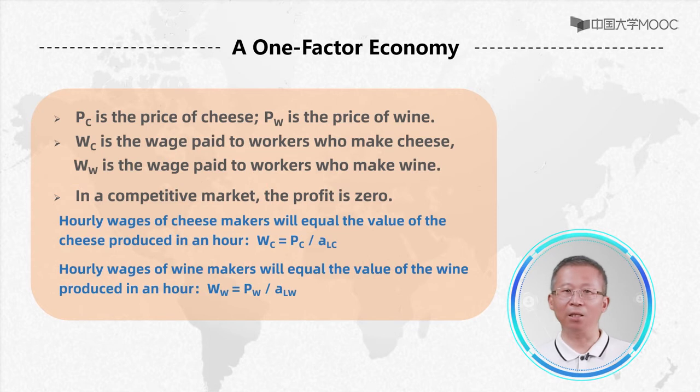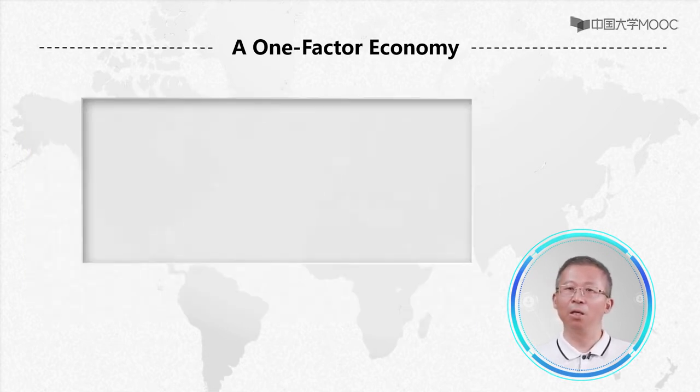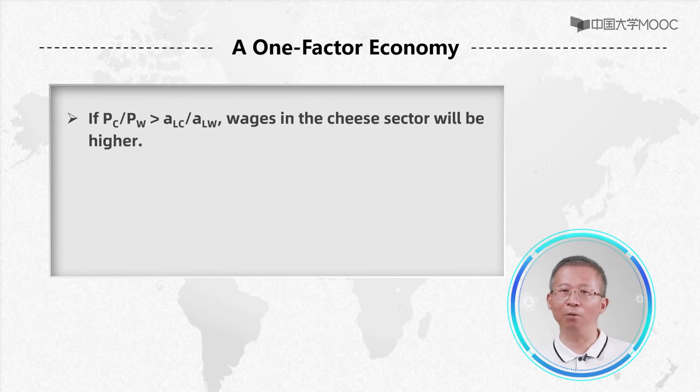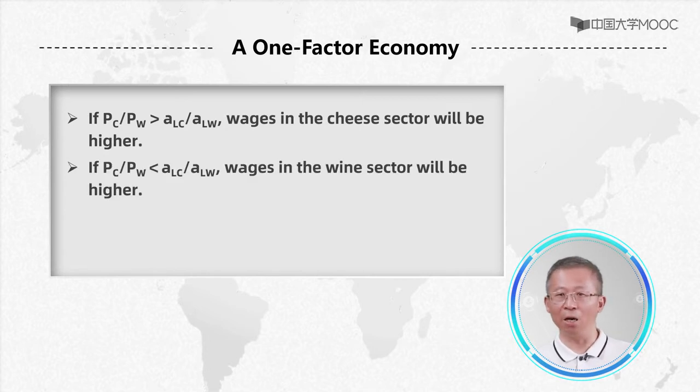In the wine sector, the value of what the worker can produce is PW over aLW. If PC over PW exceeds aLC over aLW, wages in the cheese sector will be higher. If PC over PW is less than aLC over aLW, wages in the wine sector will be higher.